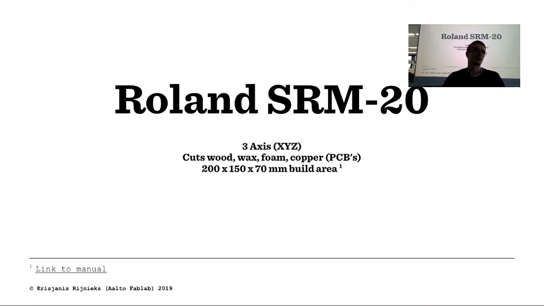As a 3-axis machine, X, Y, Z, you can cut wood, wax, foam, and copper for PCBs. The build area which you can rely on is 200 by 150 millimeters along the X and Y axes, and 70 millimeters along the Z axis.